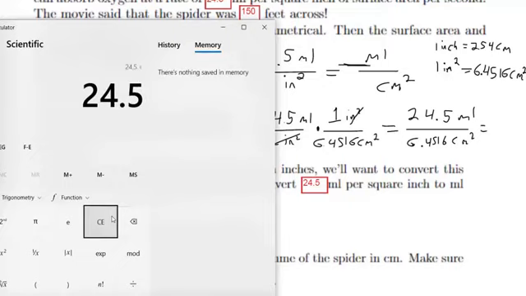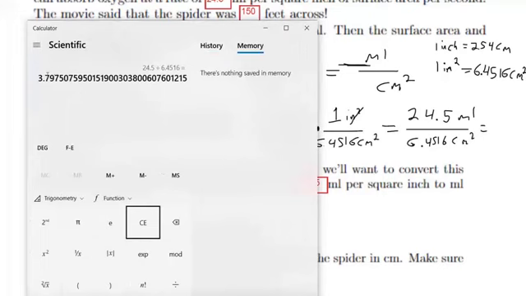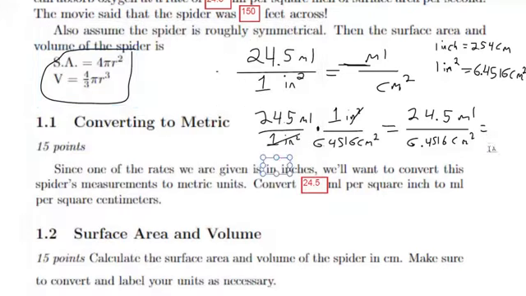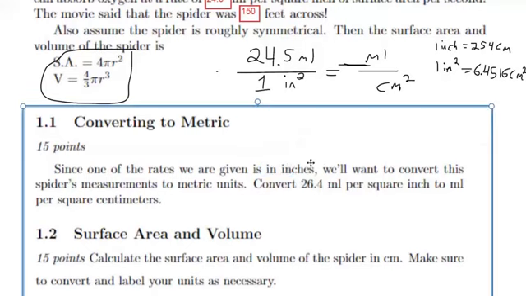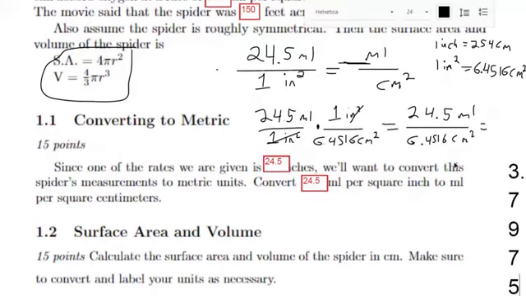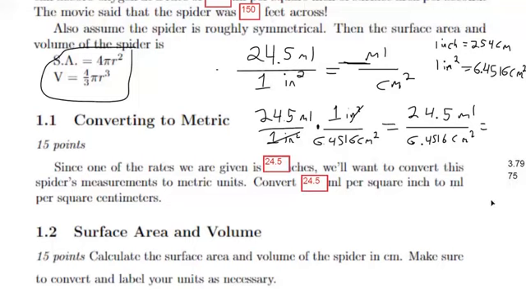So take the top number, divide by the bottom number. That's 3 points here, and you don't have to carry out a huge amount of decimals.